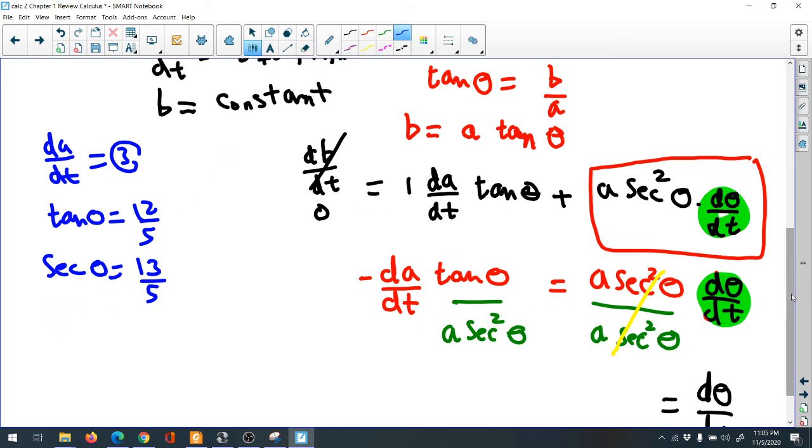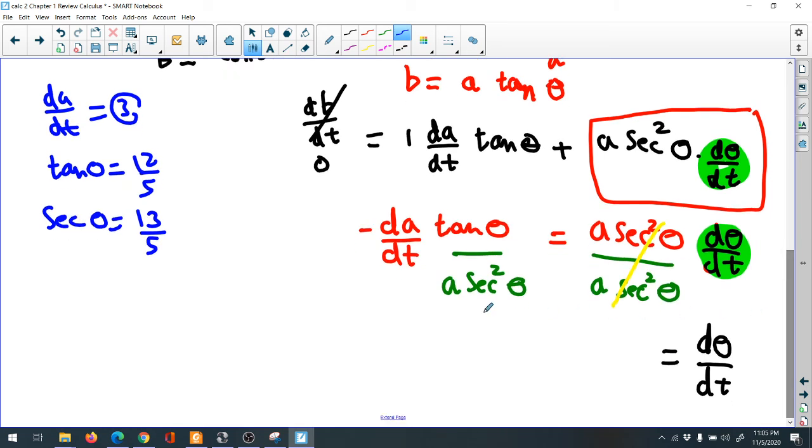Now we need to plug all of that in. So d theta with respect to the time equals negative, and substitute for the derivative of a with respect to the time, which is 3, times tangent theta, which is 12 over 5, divided by a.